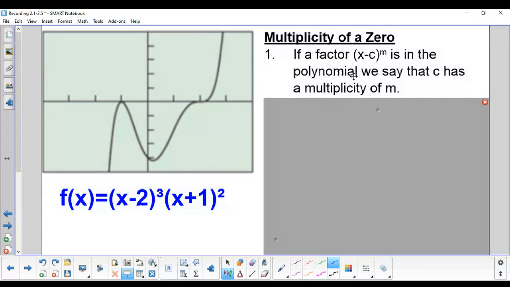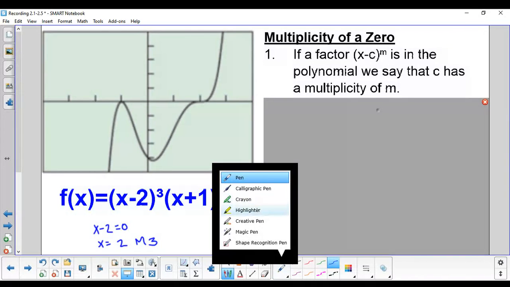So when we have a factor that has an exponent, we say that that exponent or that 0 has a multiplicity. So in this case, I would say that at x minus 2, when I set that equal to 0, at x equals 2, that factor has a multiplicity of 3.